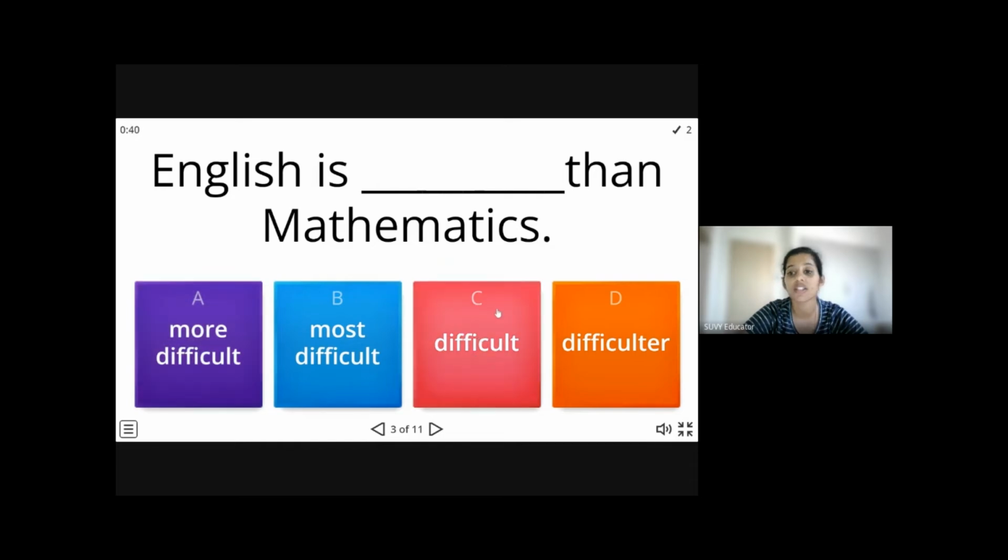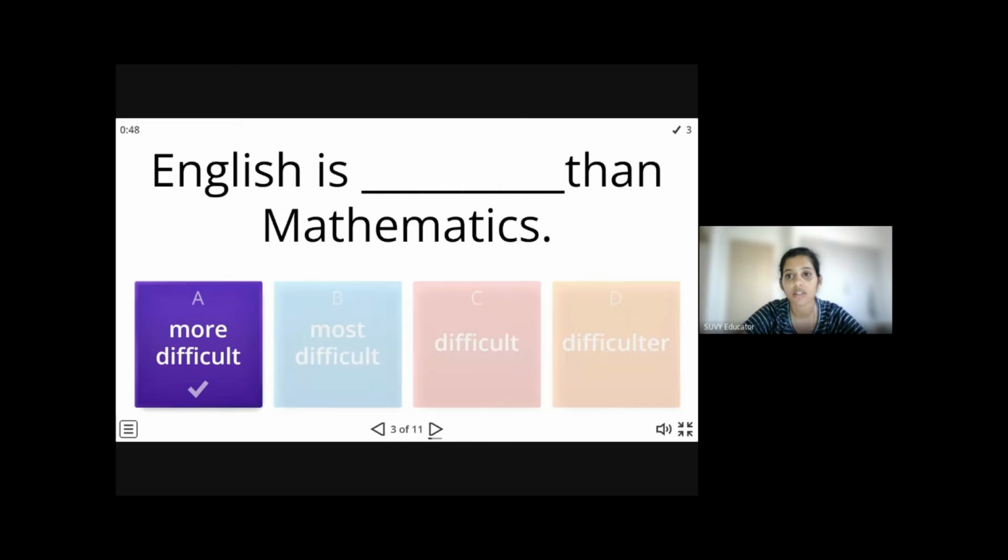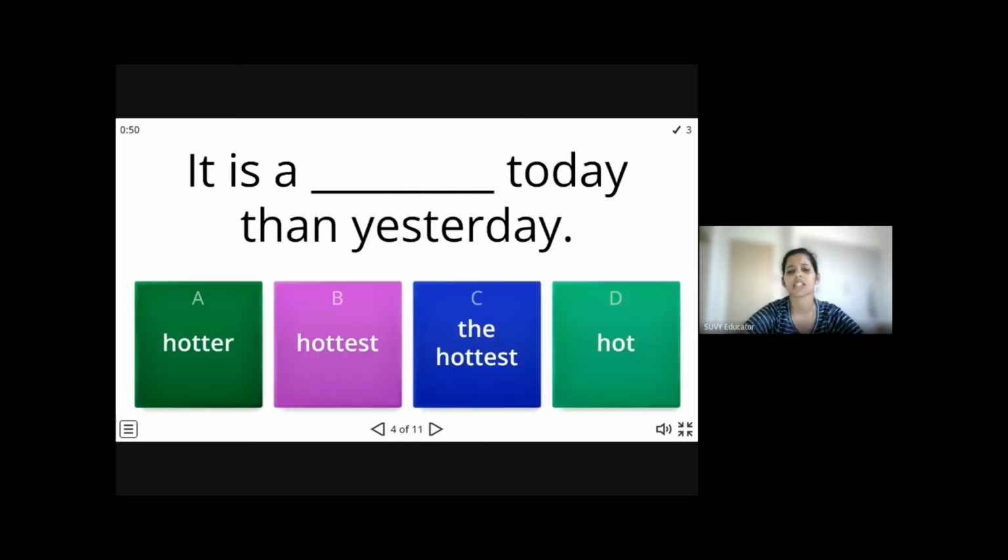And difficulter. There is no word as this because, as I said, when there are more than one vowel, you write a different one. Okay, this you write more, so it has to be more difficult. But I don't think English is more difficult than maths. Every subject is easy when you give it time, right?